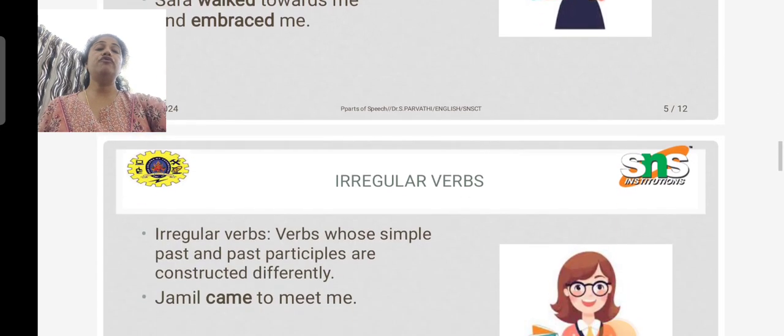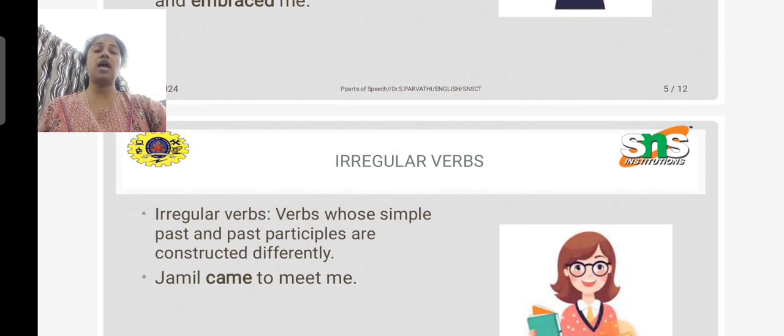The words which don't take ed are called irregular verbs. These are verbs whose simple past and past participle are constructed differently, instead of adding d or ed. Like, Jamil came to meet me.